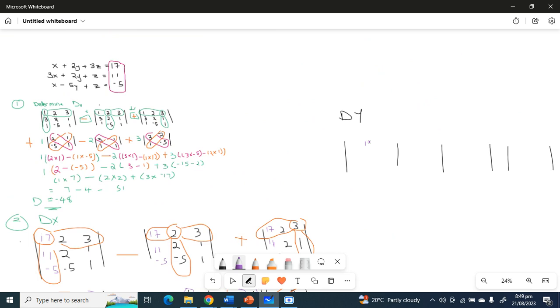In the y column, the middle column, that's where they will appear: 17, 11, negative 5. You got 1, 3, 1. You got 3, 1, 1.